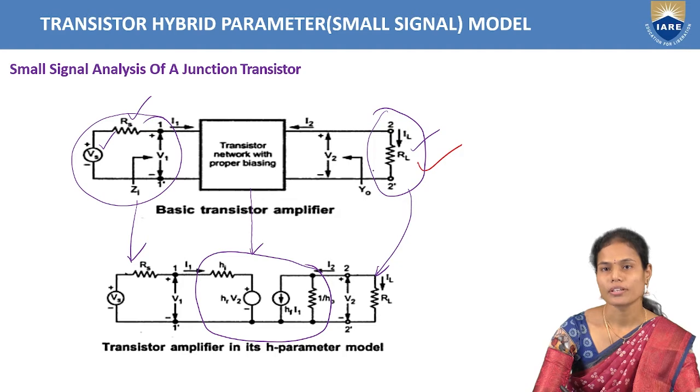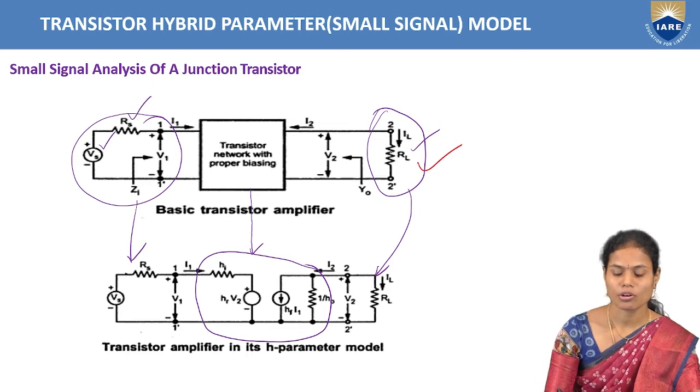We are just replacing the transistor with its hybrid equivalent model. Before replacing the transistor with the hybrid equivalent model, first of all we have to short the DC sources as well as capacitors which are present in the given circuit. But in our considered circuit we don't have any capacitors, so we are not taking the effect of capacitances here.